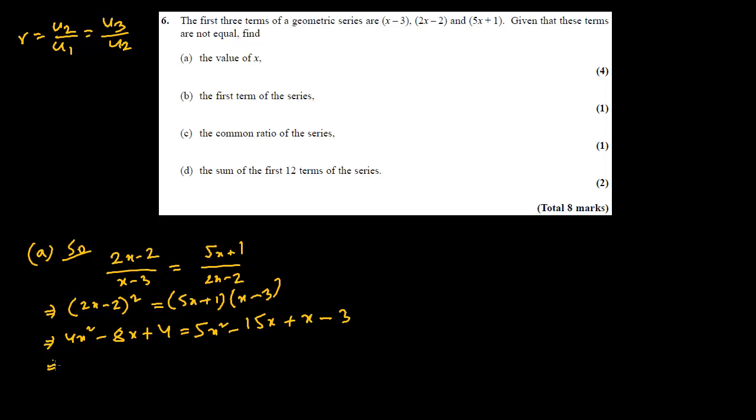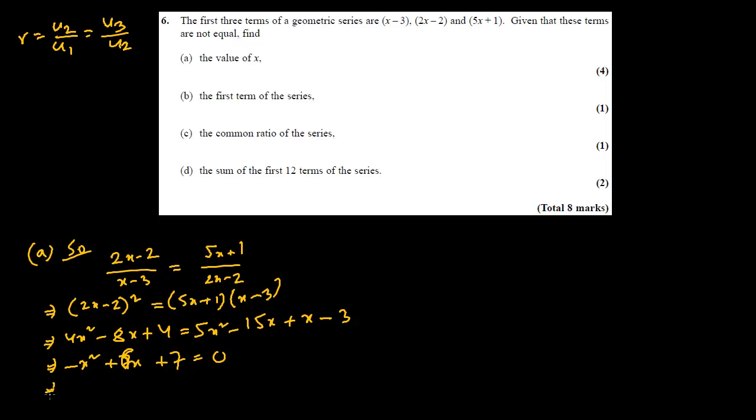So this turns out to be 4x squared minus 5x squared is minus x squared, minus 8x, and if this minus 15x comes to the other side, 15 minus 8 is 7, so this would be plus 7x, and we also have this x over here. If it comes to the other side, it would be 6x, and 4 plus 3 is going to be 7.